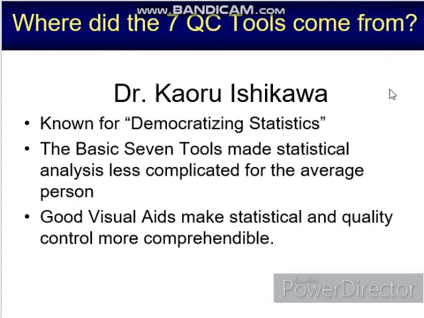Just a bit more on the 7QC tools. The 7QC tools were developed by Dr. Ishikawa. After Deming came to Japan after World War II and started to disseminate the knowledge on SPC that was developed by Dr. Schwartz, there were many other statisticians and researchers on quality control in Japan.